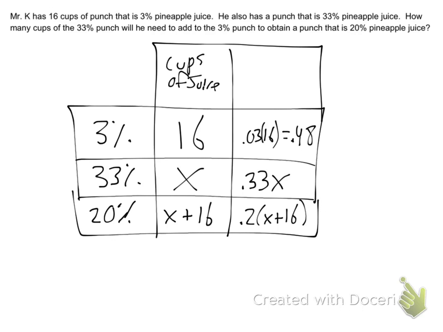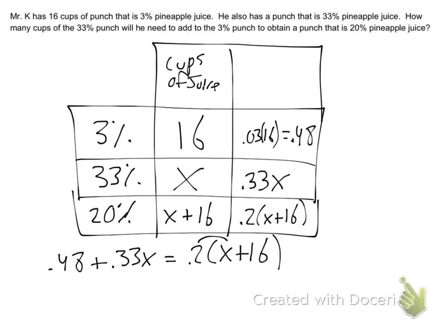So here's the thing, guys. That means 0.48 plus the amount of juice in the second juice will have to equal the amount of juice in the whole entire juice mixture. Can you guys solve that? I would hope so. What do I have to do with the 0.2?